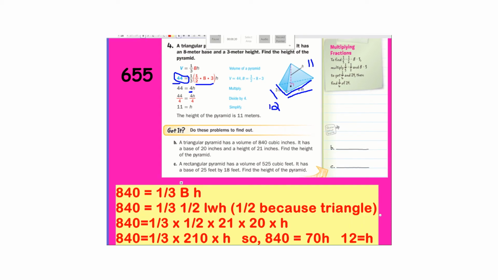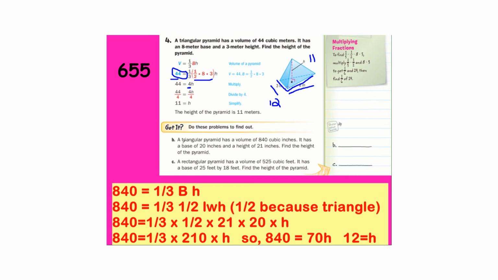Okay, that one takes some steps. It is triangular, so keyword right here, triangular. The volume is 840. So just start with writing out the formula. And then this one did not tell us the area of the base.